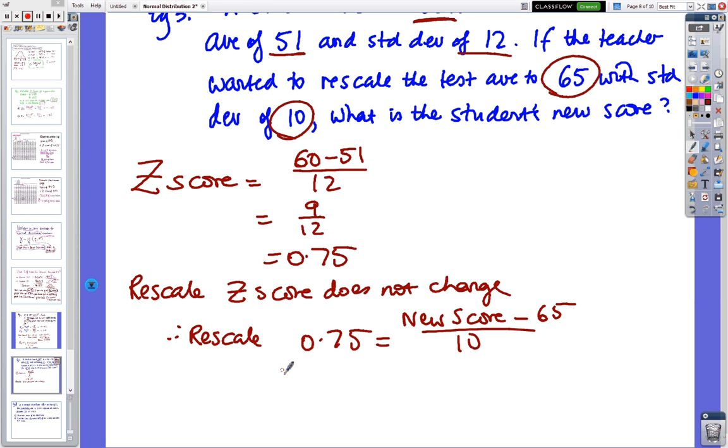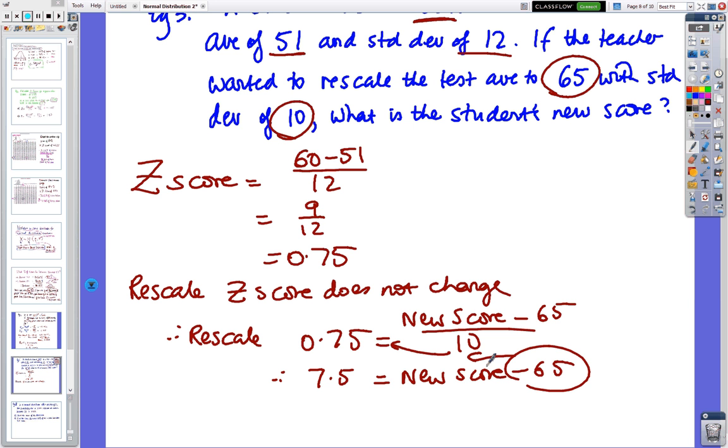And then you just rearrange the formula. So cross multiply, so 7.5 equals new score minus 65, and then just add 65 to both sides. So 65 plus 7.5 is 72.5. So that's the new score.